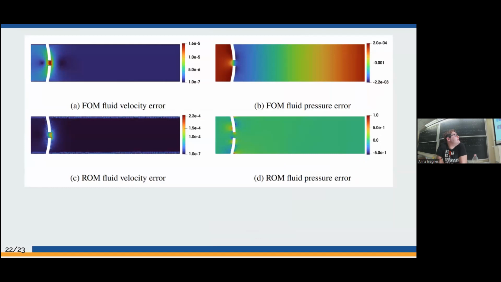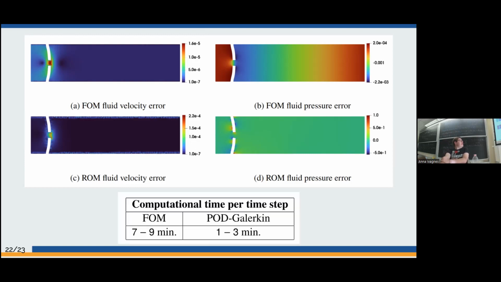Here we can see the difference between the full order and reduced order model and its monolithic counterpart. We can see that the reduced order model has some difficulties at the interface and close to the boundary, but still the differences are quite acceptable.